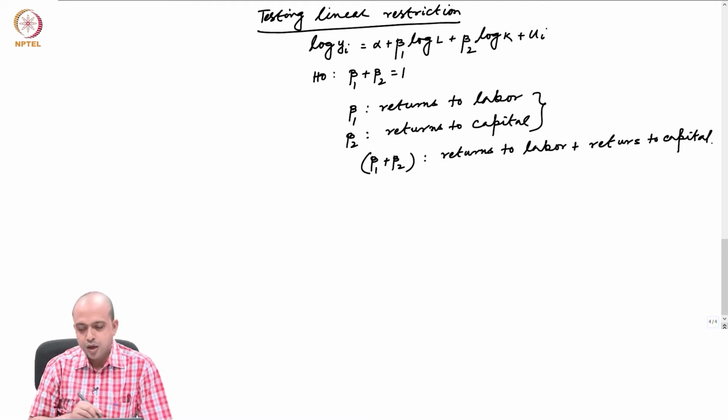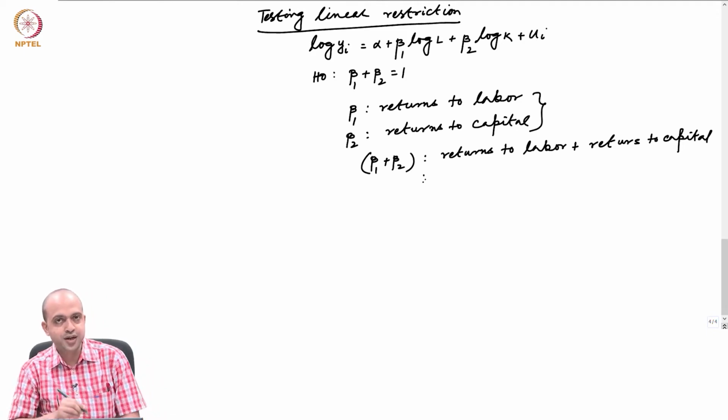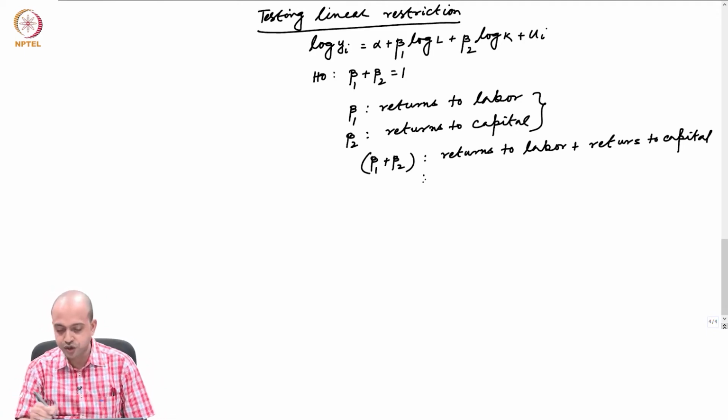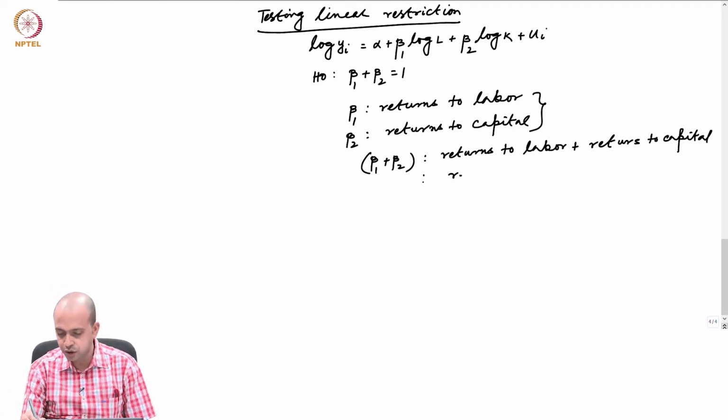And this has a different name. When you add returns to both the factors, then as you know from your understanding of the microeconomic theory of production function, that is basically called returns to scale.